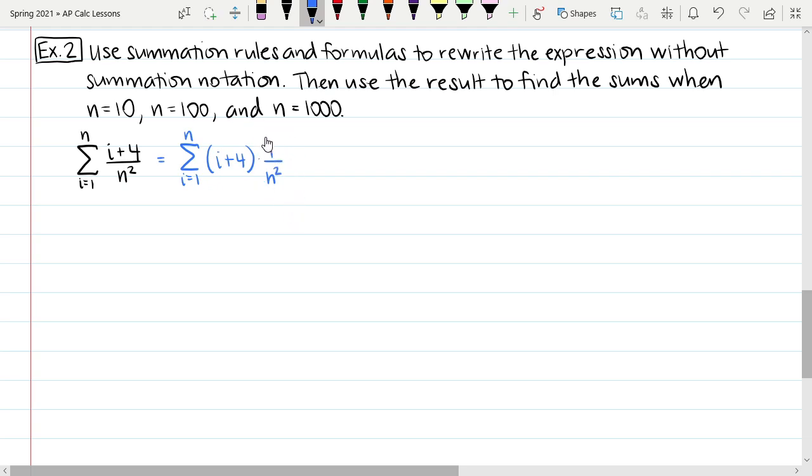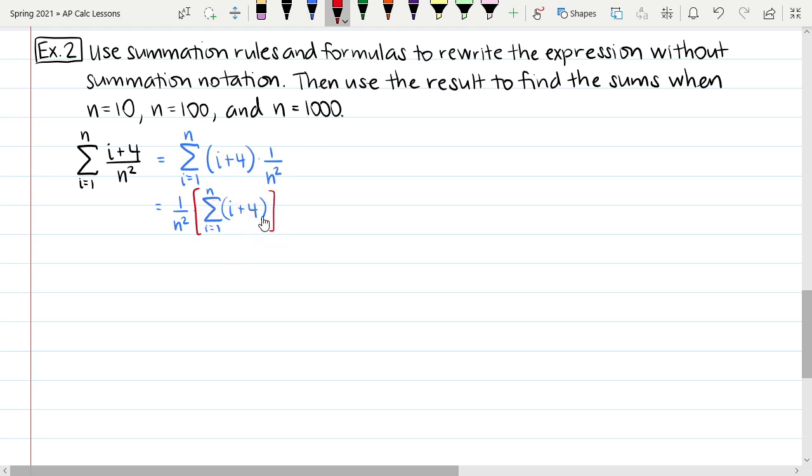And now that we're multiplying by the constant, now we can move that constant out in front using our summation rule. And then now I have the summation of a sum of two terms, so now I can use the second summation rule where we can separate that. But you've got to be careful here. Remember that the 1 over n squared is multiplying with this entire summation.